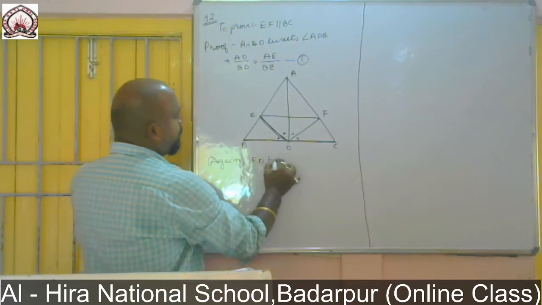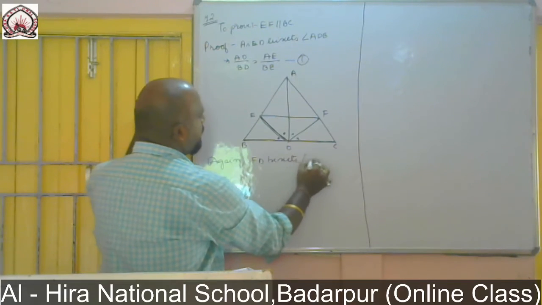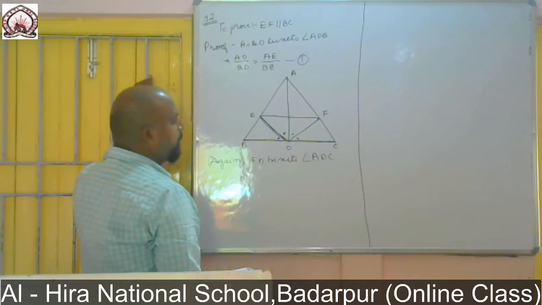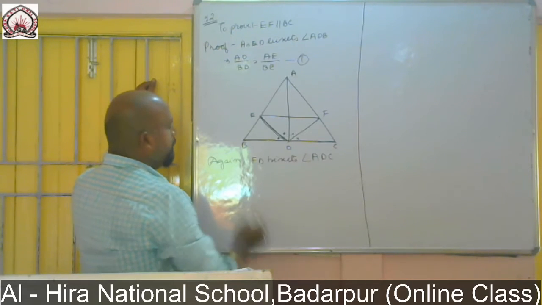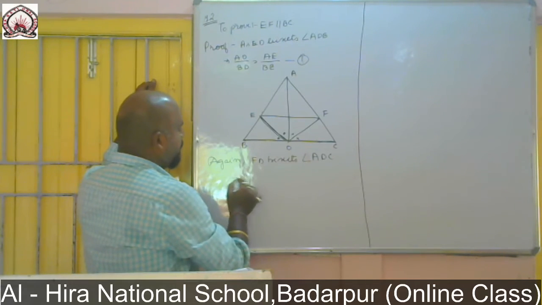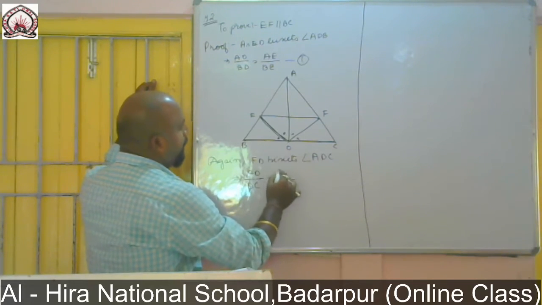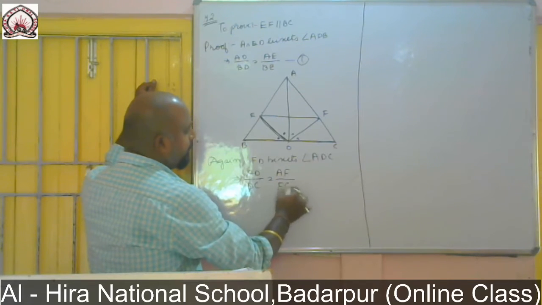Now, again, what you can write? FD bisects angle ADC. So, it implies AD by DC equal to AF by FC.